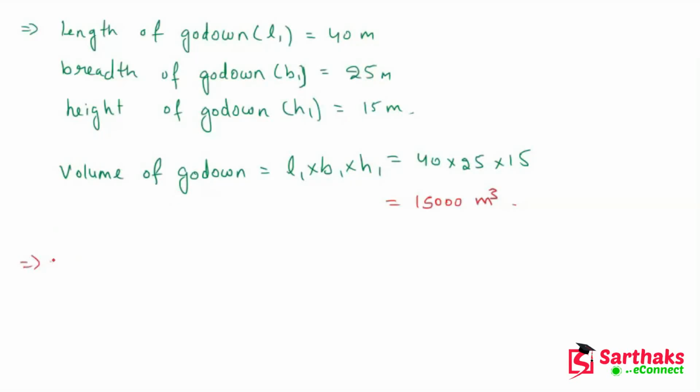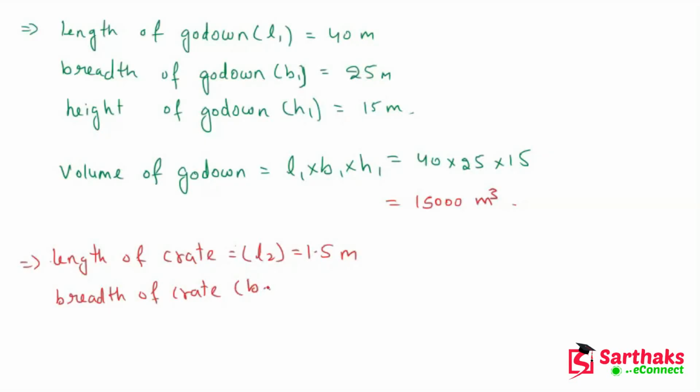Now here is the length of wooden crate. Let's suppose this is L2 and this is equal to 1.5 meter. Okay, and breadth of crate, let's suppose this is B2 and this is equal to 1.25 meter. Let's suppose height of crate is H2 and this is, we know, 0.5 meter. This is given in the question.